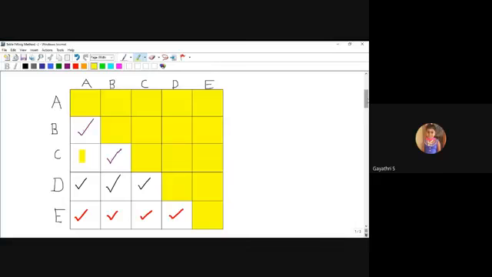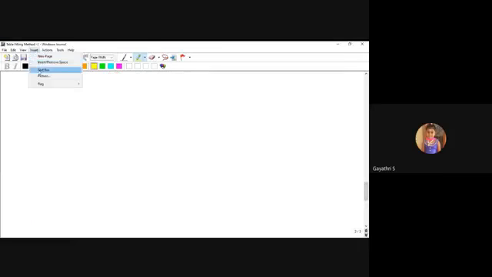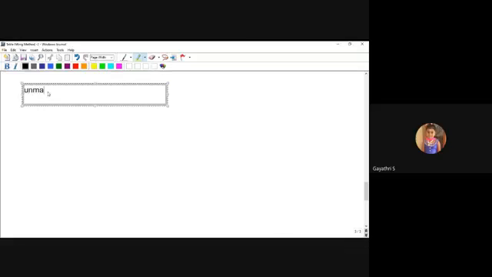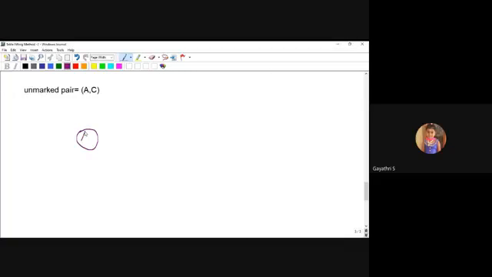Here your unmarked pair is A comma C. I'm going to draw the minimized DFA, making these two a single state, AC.